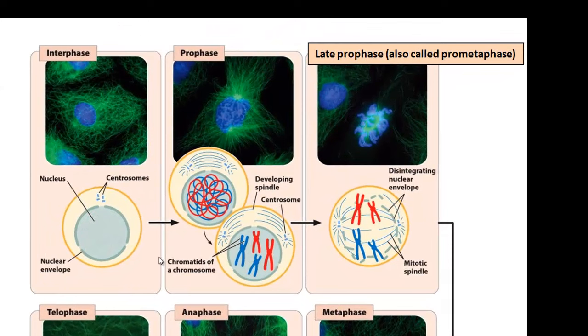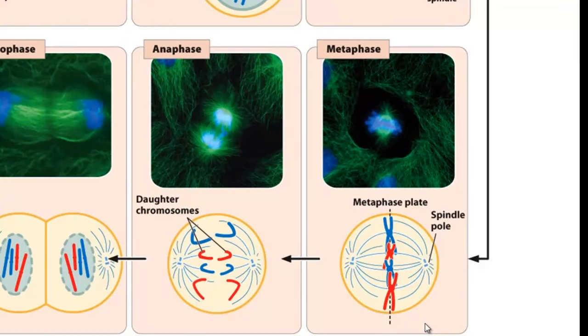The DNA condenses so that you can actually visualize those sister chromatids. And by late prophase, these pairs of sister chromatids begin to be captured by the spindle fibers that are emanating from the poles of the cell. During metaphase, the chromosomes line up at the equator of the cell, which is also called the metaphase plate.